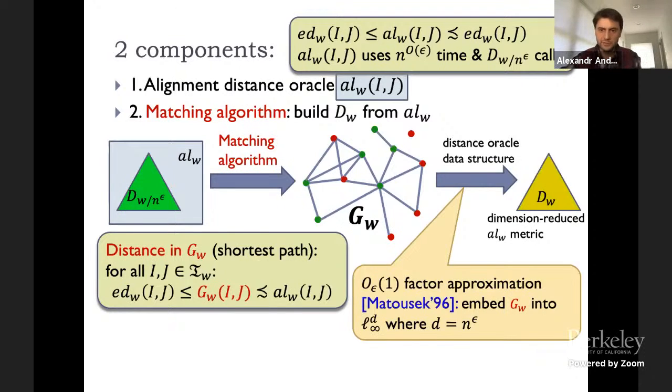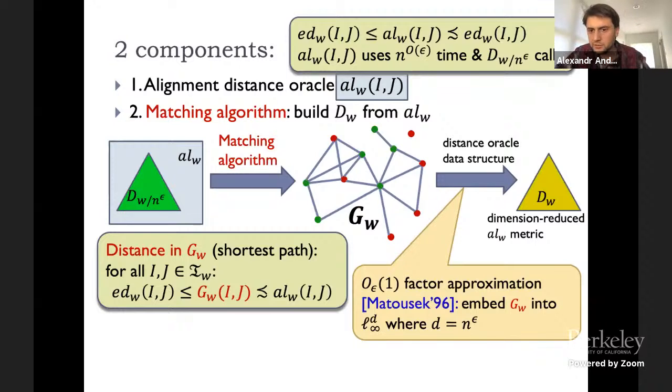We cannot lose metricity. Unfortunately, standard distance oracle data structures, let's say Thorup-Zwick, for those of you who have heard about it, will not work because, as far as I know, they are not guaranteed to output a metric. So we use something which predates Thorup-Zwick, but maybe few of you know of.